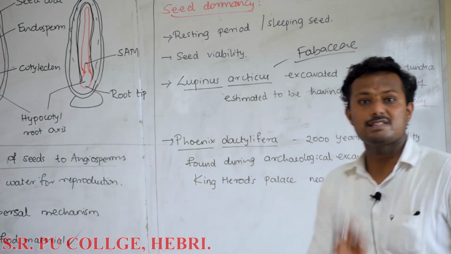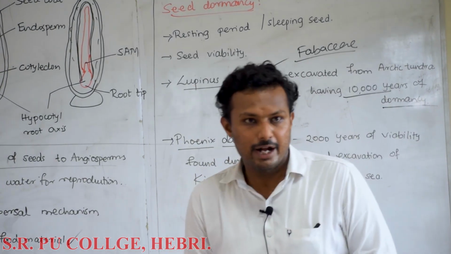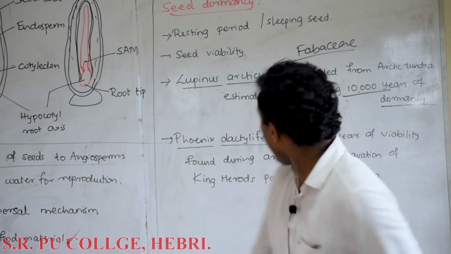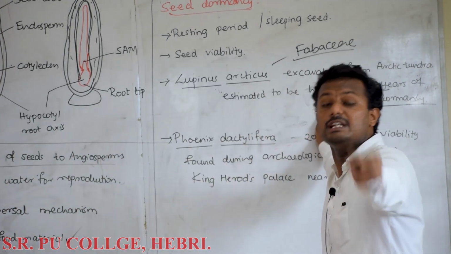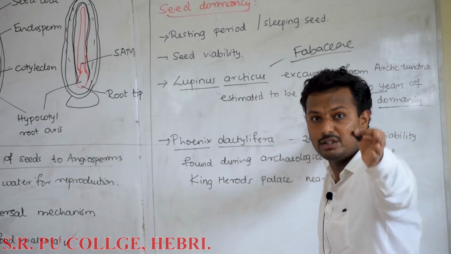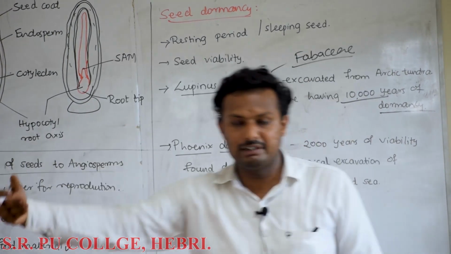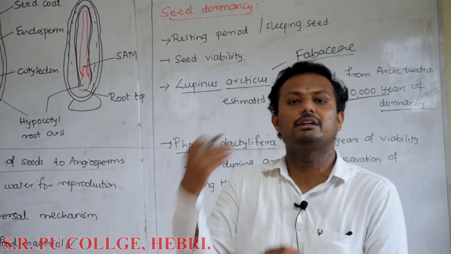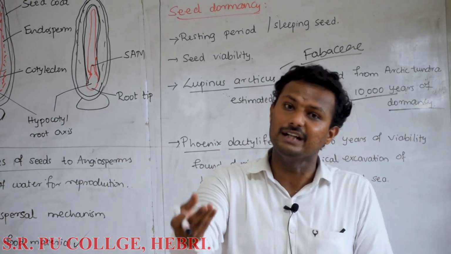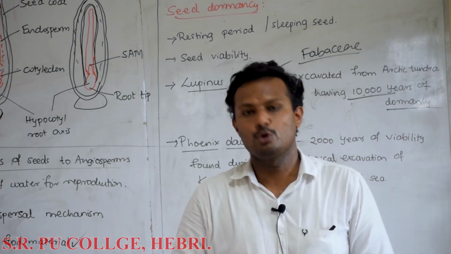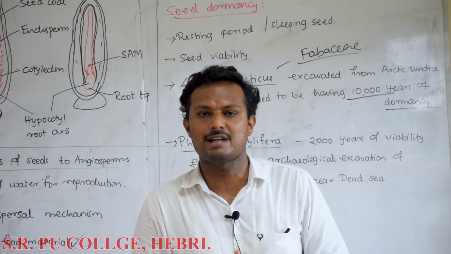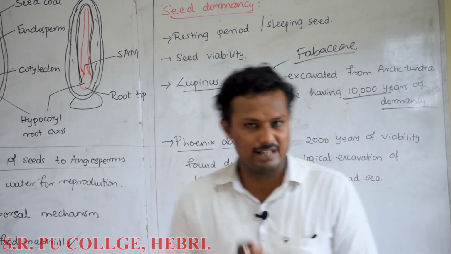That means the seed was still viable. It was still in living condition after 10,000 years. When they tried to sow the seed, it germinated even after 10,000 years. By using different techniques such as carbon dating, the age of the seed was estimated.